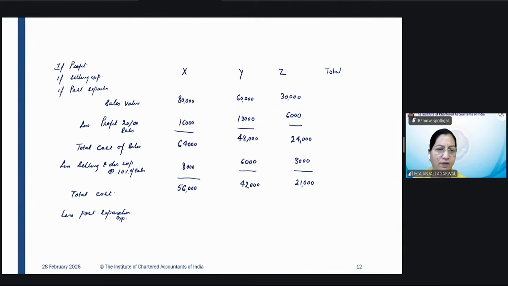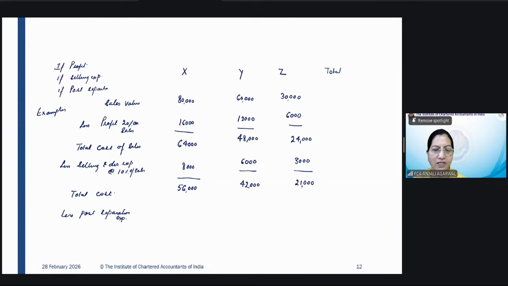They are also given. All this is examples here. No figures I have picked, I have assumed them all. Profit 20% on sales, selling expenses 10% on sale. So your total cost of all the three products is there. Sales value is also given. Yes, it is given. Everything is given.